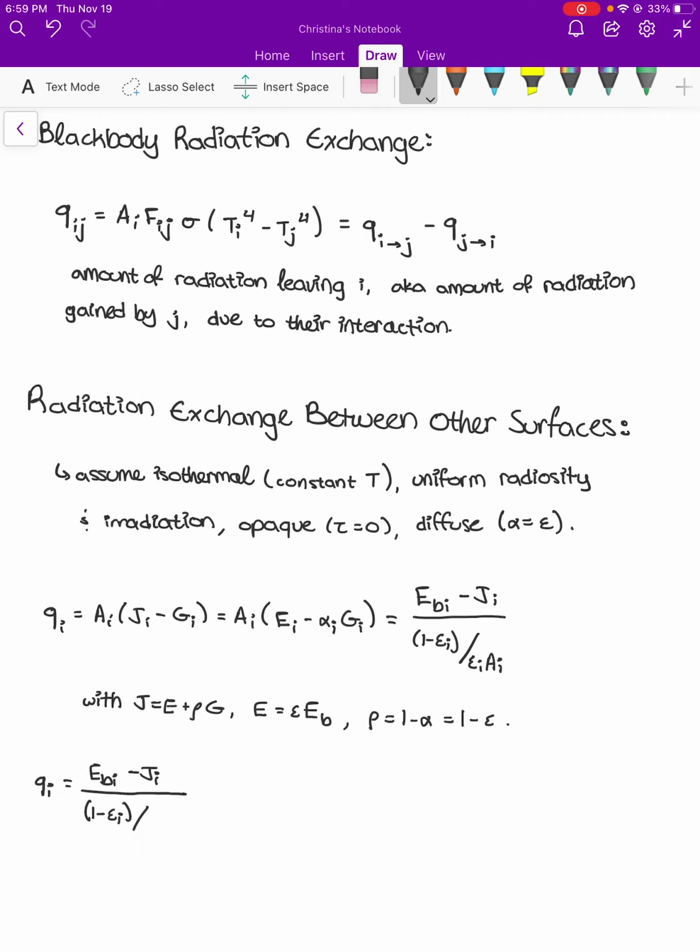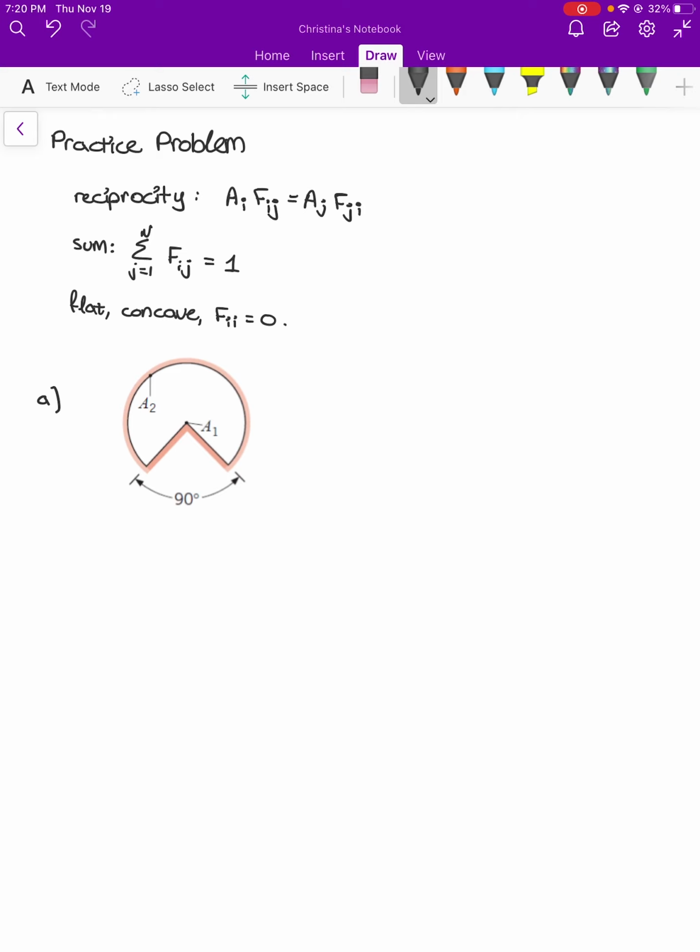The basic view factor equations we learned are Ai times Fij is equal to Aj times Fji, and that the sum of all the view factors for a surface add up to 1. We also learned that flat and convex surfaces have a view factor of 0 to themselves. In part A, surface A1 is made of two flat surfaces that cannot possibly emit energy to themselves, so F11 has to be equal to 0.